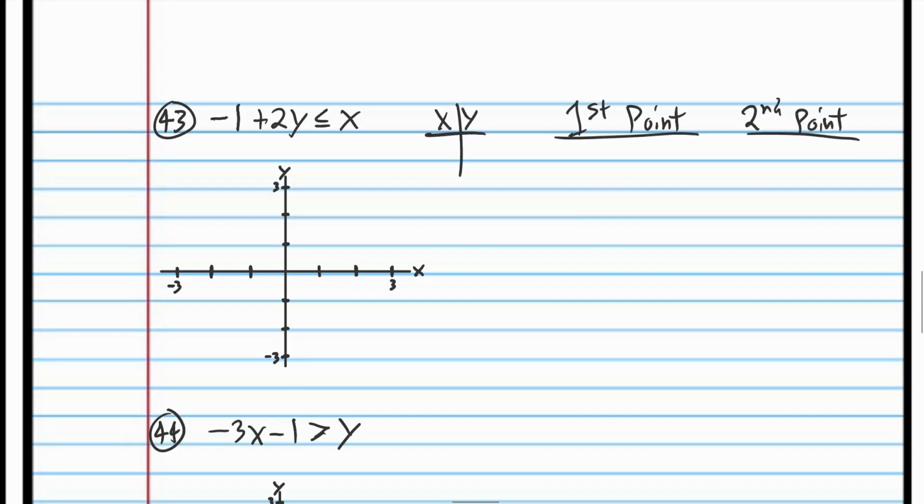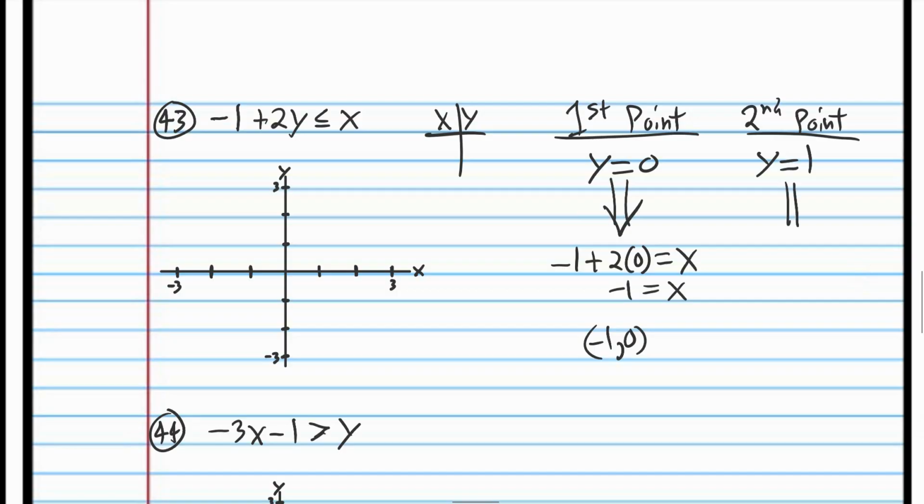All right, we're back. So we graph our 2 points. X is isolated, so it's easiest to choose a y value first. So we'll choose 0 for y. And again, we can just use equal signs here. We don't really need the inequalities. So we get x is equal to negative 1, and our point is negative 1, 0. Now let's choose 1 for y.